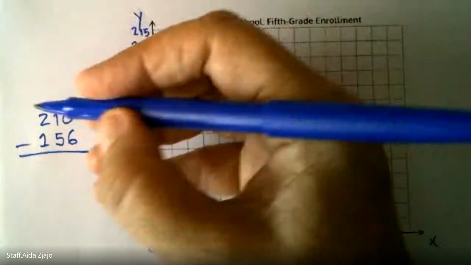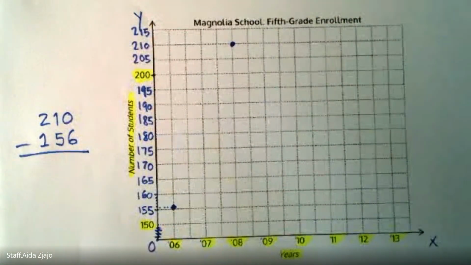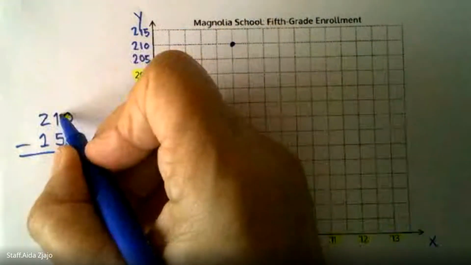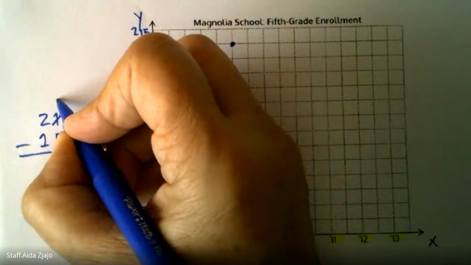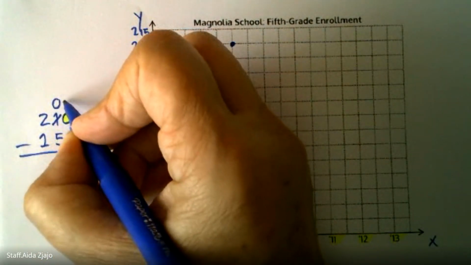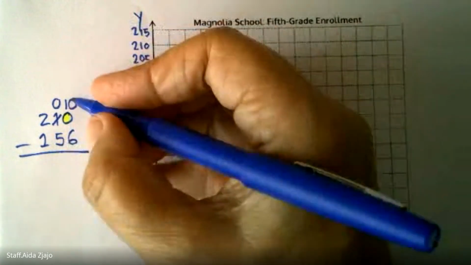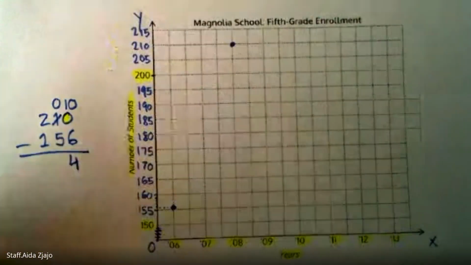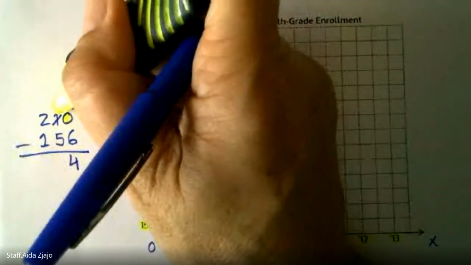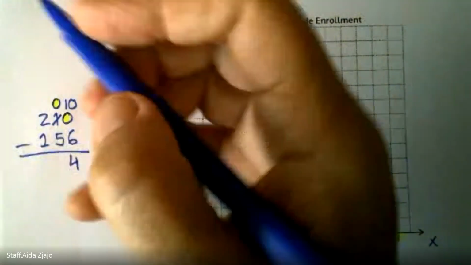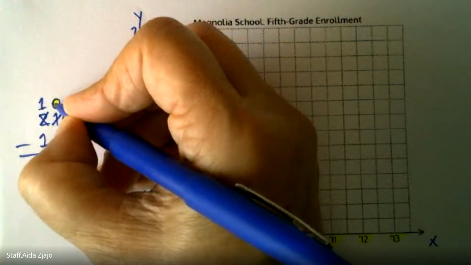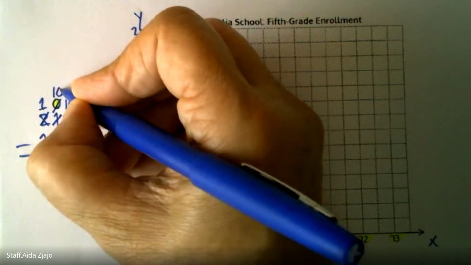In subtraction, I cannot give away 6 if I have a 0, so I'm going to regroup the 10 and make 10 ones. 10 ones minus 6 ones is 4 ones. I cannot give away 5 tens if I have 0 tens, so I'm going to regroup the 100 and make that 10 tens.